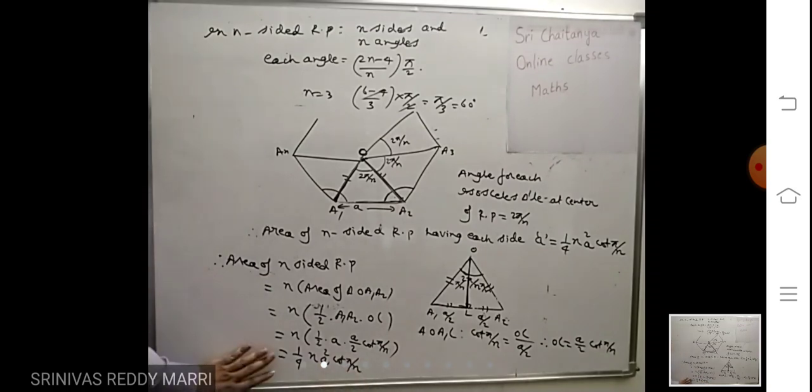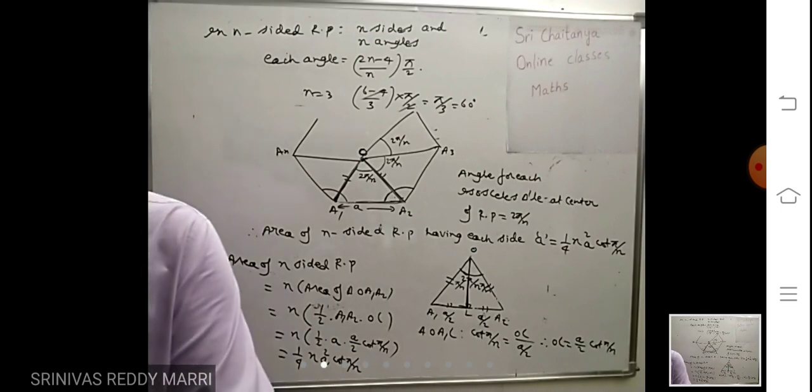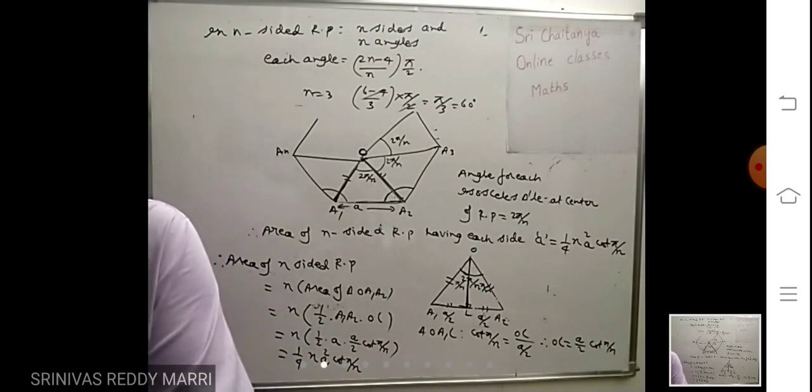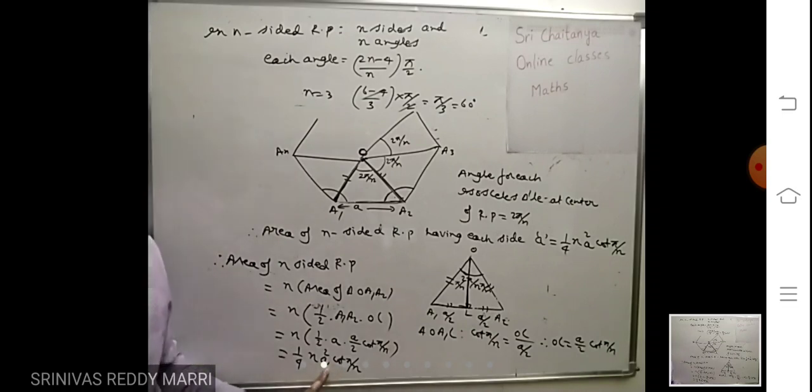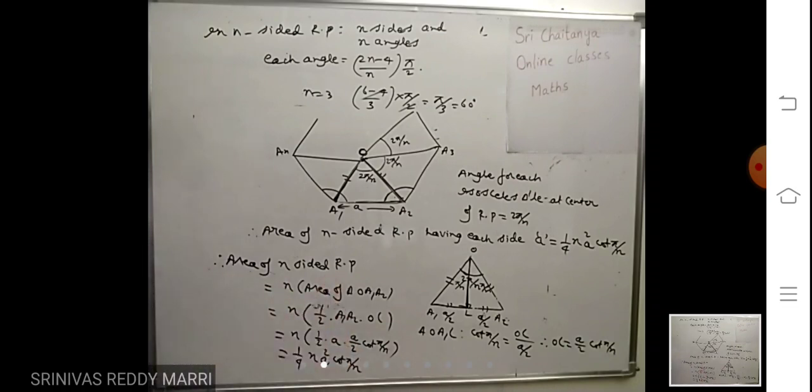Whenever a regular polygon is given, n is the number of sides and the length of the side of the polygon is A. You use this formula to calculate the area: 1 by 4 n A square cot pi by n. Here A is the length of the side of the polygon and n is the number of sides of the polygon. So this formula will be used to calculate the area of a regular polygon.